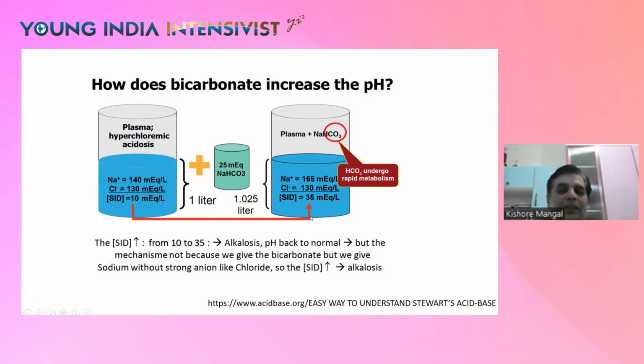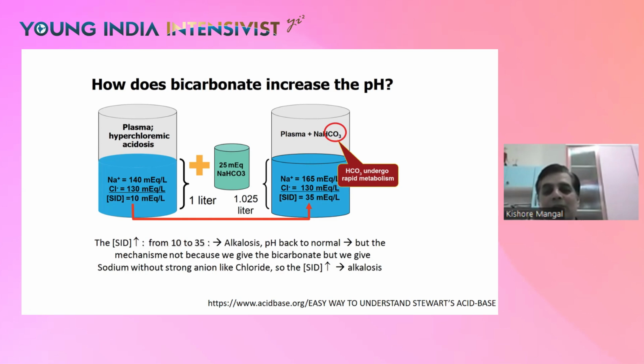These are just explanations. Okay, these are not actual things which are happening, but explaining the mechanism. Okay, so since the SID has increased from 10 to 35, increasing SID leads to alkalosis and pH becomes back to normal. So what we understand from this is that sodium bicarbonate increases the pH by increasing the SID.